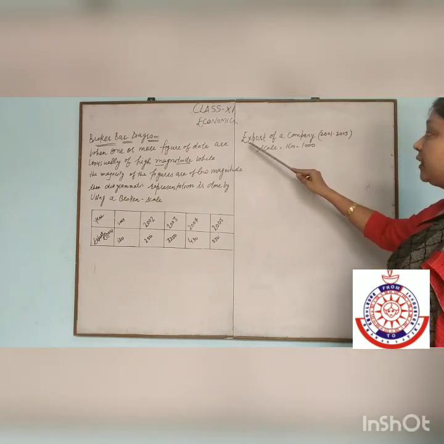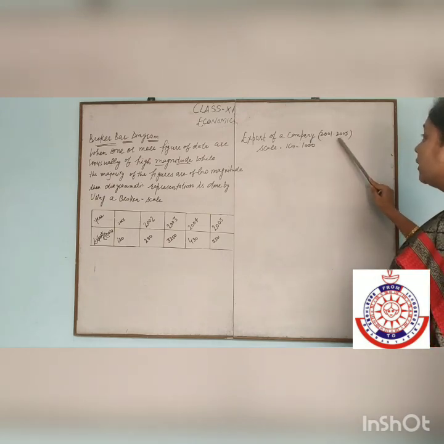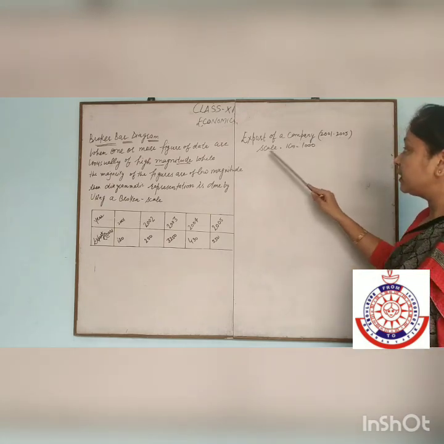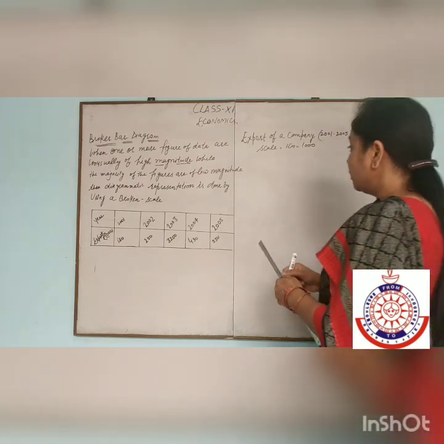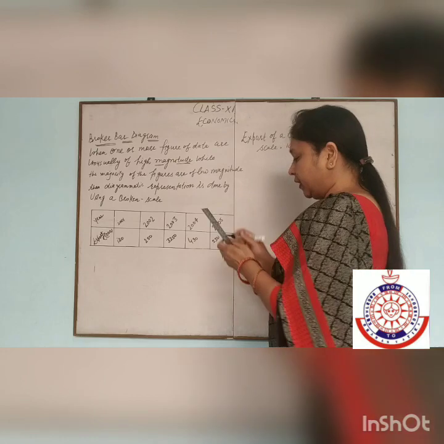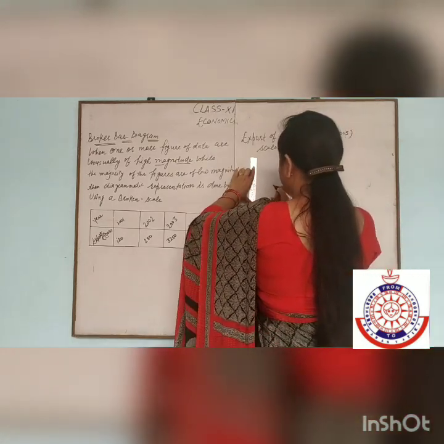First of all, the title: export of a company, given 2001 to 2005, and the scale we are taking is 1 centimeter equal to 1000. Now we will draw the diagram on the OX axis and the OY axis.